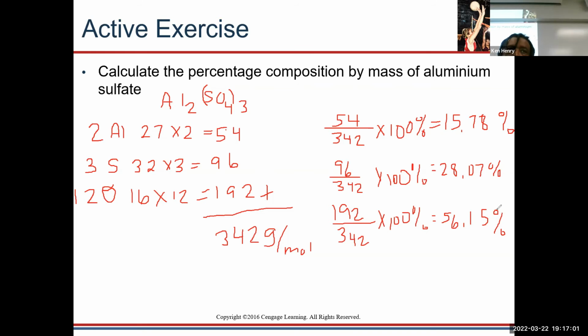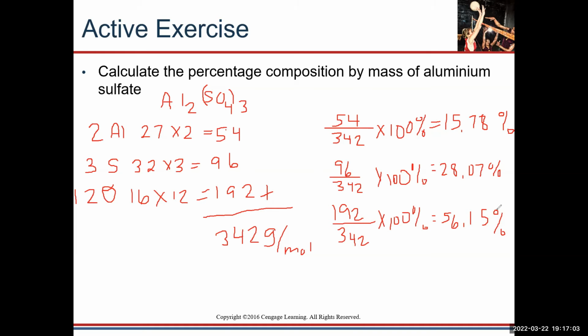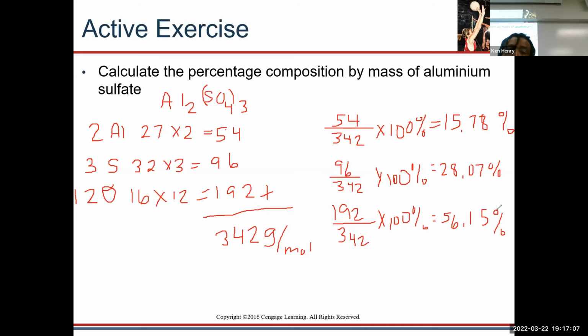That is correct. You technically don't have to do that last equation, because 100% is the most that we can get, right? At least right now. We'll talk about when that doesn't happen later on.